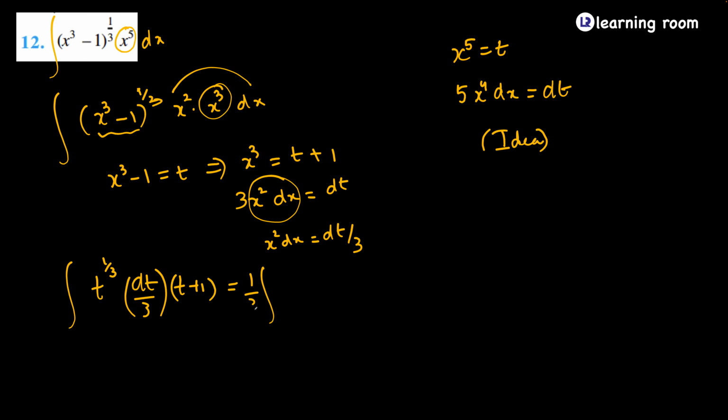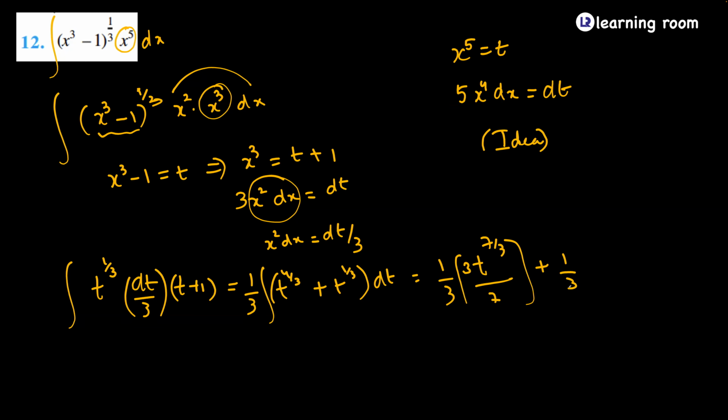So I think we can solve this, no? This will be 1 by 3 times t power 1 by 3 into t, which is t power 4 by 3, plus t power 1 by 3, times dt. So this will be 1 by 3 times, what is t power 4 by 3? It is going to be t power 7 by 3 by 7 by 3, so 3 will go to the numerator, plus 1 by 3 times, what is t power 1 by 3?